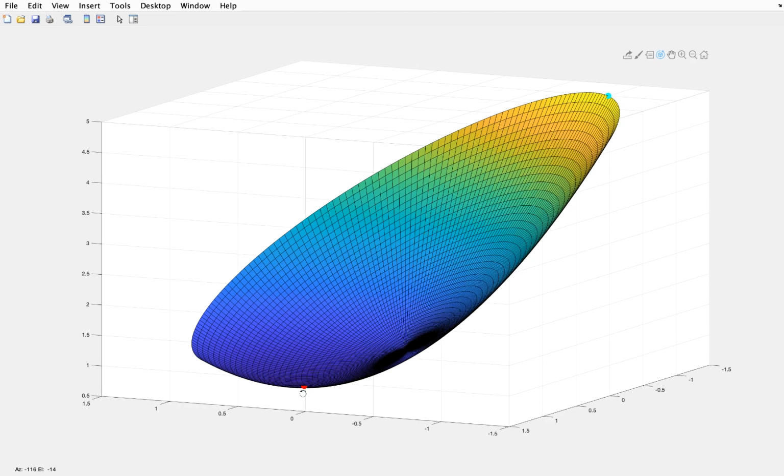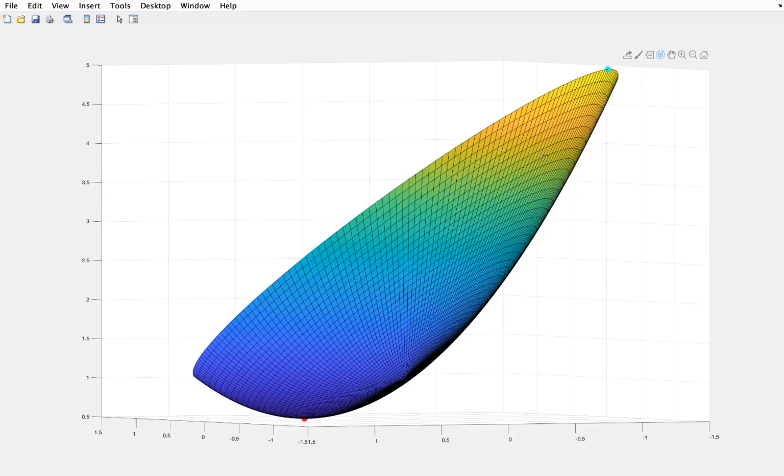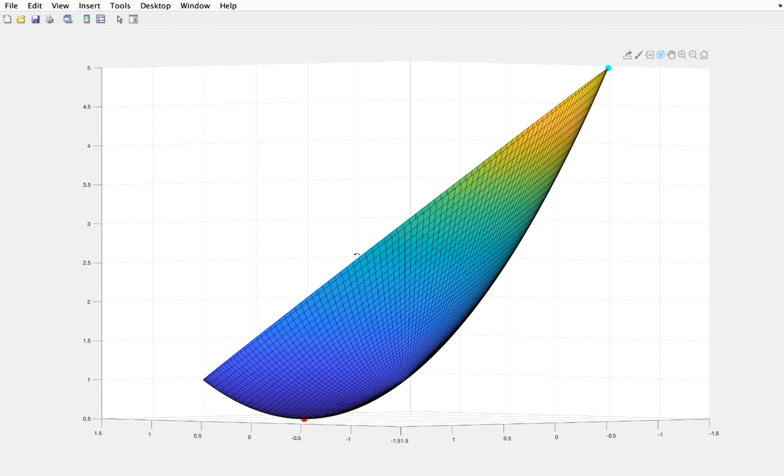So this red dot is the location of our minimum, and this cyan dot is the location of our maximum. Maximum is on the boundary, so it satisfies the Lagrange conditions. The minimum is in the interior, right? So it's just a critical point of our objective function.